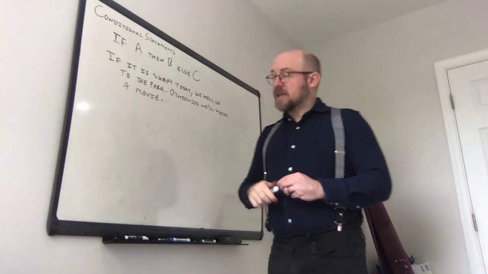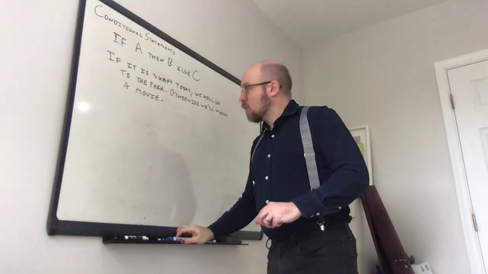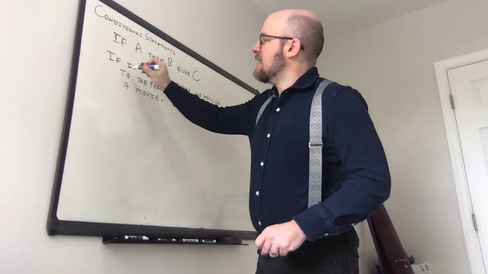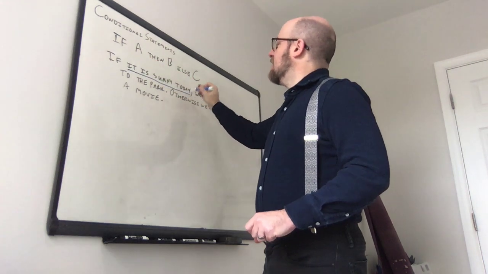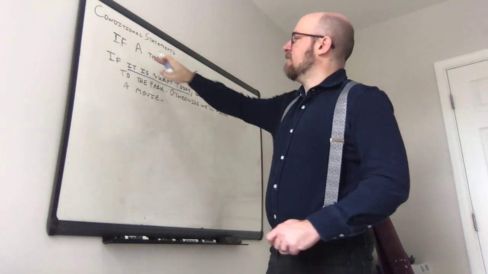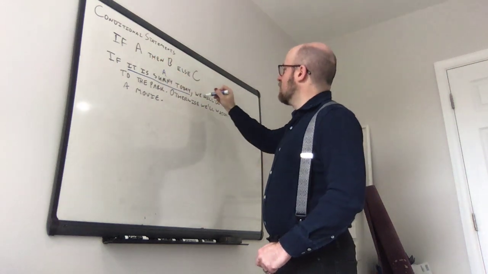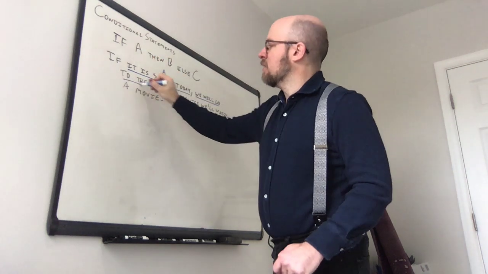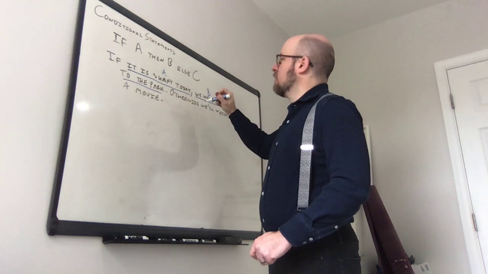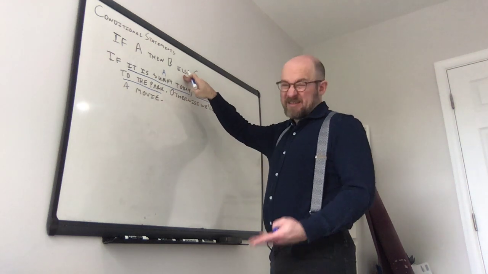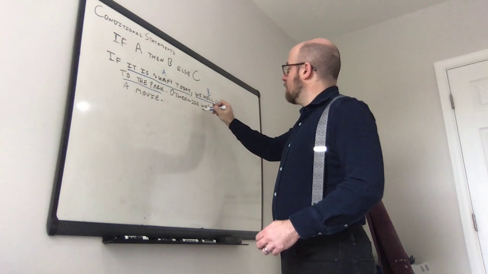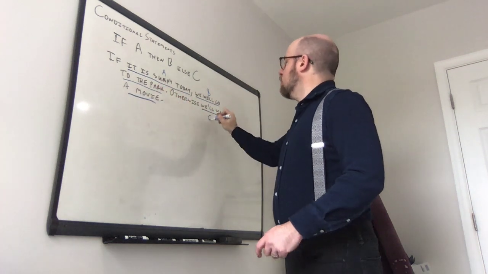Okay, so this is a conditional statement where we've got our A, if it is sunny today, that's A. If that is true, then B, we will go to the park. Otherwise, which is another word for else, we'll watch a movie.